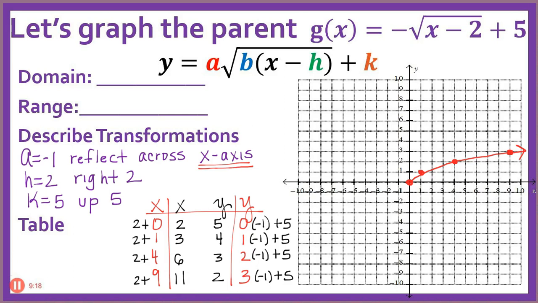So when I graph it, I'm beginning at 2, 5. And then from 2, 5, we have 3, 4, 6, 3. And then our last point is just off our grid at 11, 2.